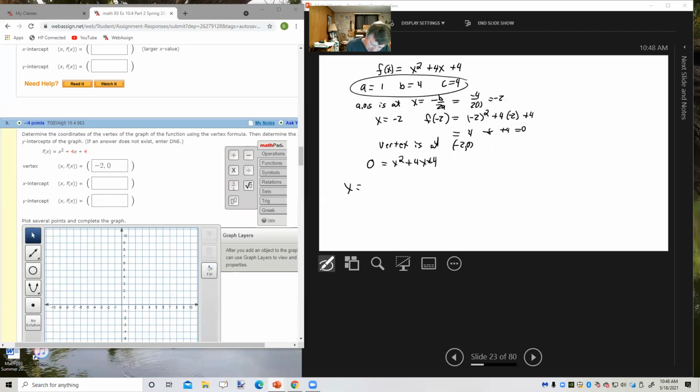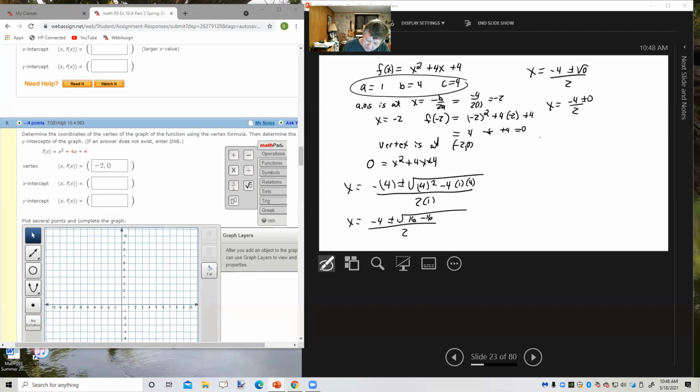So x equals negative b plus or minus the square root of b squared minus 4ac all over 2a. x equals negative 4 plus or minus the square root of 16 minus 16 over 2. x equals negative 4 plus or minus the square root of 0 over 2. x equals negative 4 plus or minus 0 over 2. x equals negative 4 over 2, or negative 2.